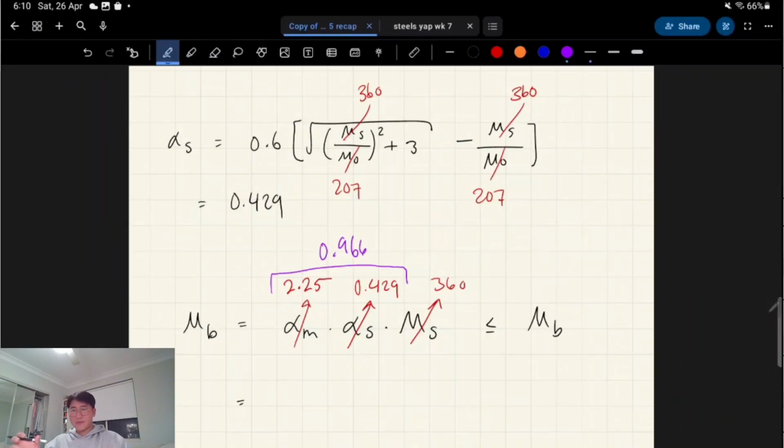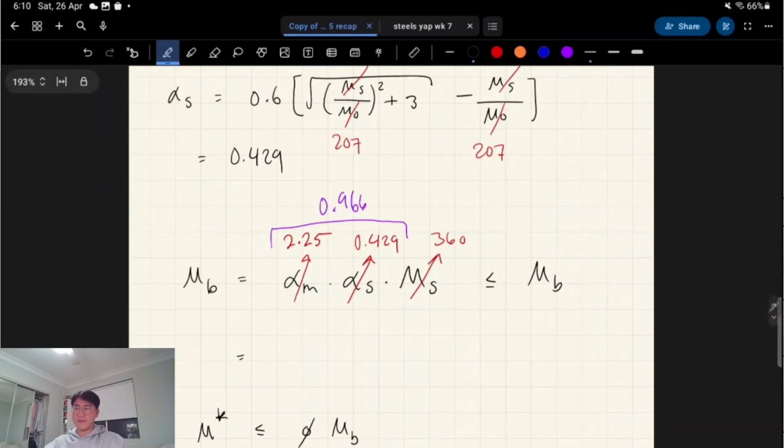So what that means is that your member capacity Mb is 0.966 Ms. It's going to shrink your Ms by 3.4%, right? Is that right? That sounds wrong. 3.4%. Yes. Okay, anyway. So it's going to shrink it by a bit.